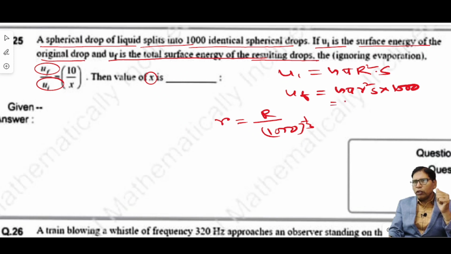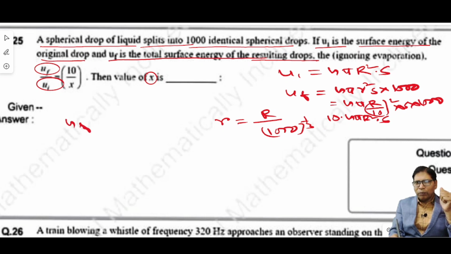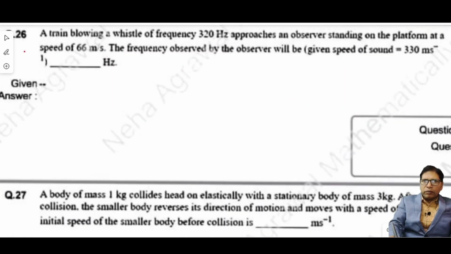Now if we put 4 pi, r by 10 whole square into s into 1000, so this is 10 into 4 pi r square s. So UF by UI equals 10. So this is 10 by x, so x is equal to 1.